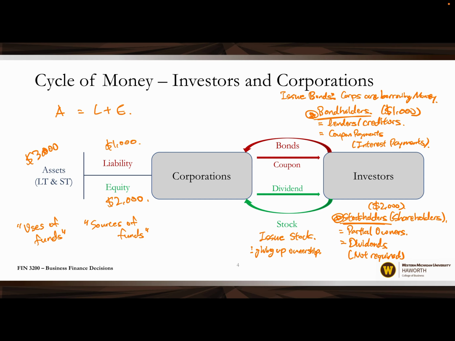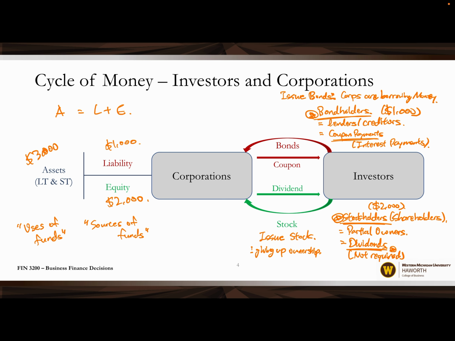For example, during COVID, the airline industry took a big hit because no one was traveling. During that time, airlines still had to pay their coupon payments to their bondholders because they were obligated to, but a lot of the airlines stopped paying dividends to the shareholders.